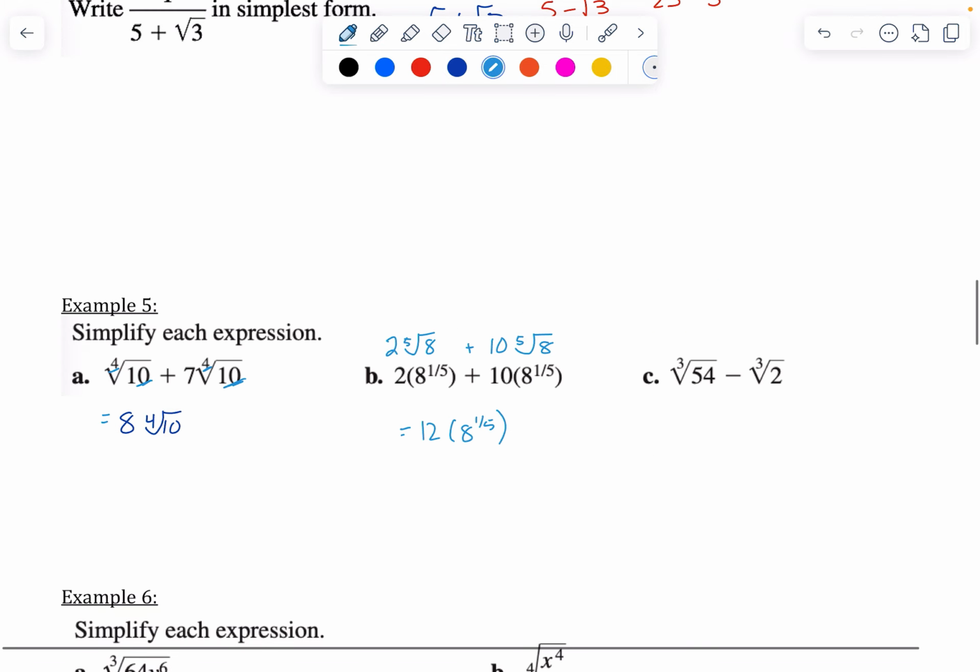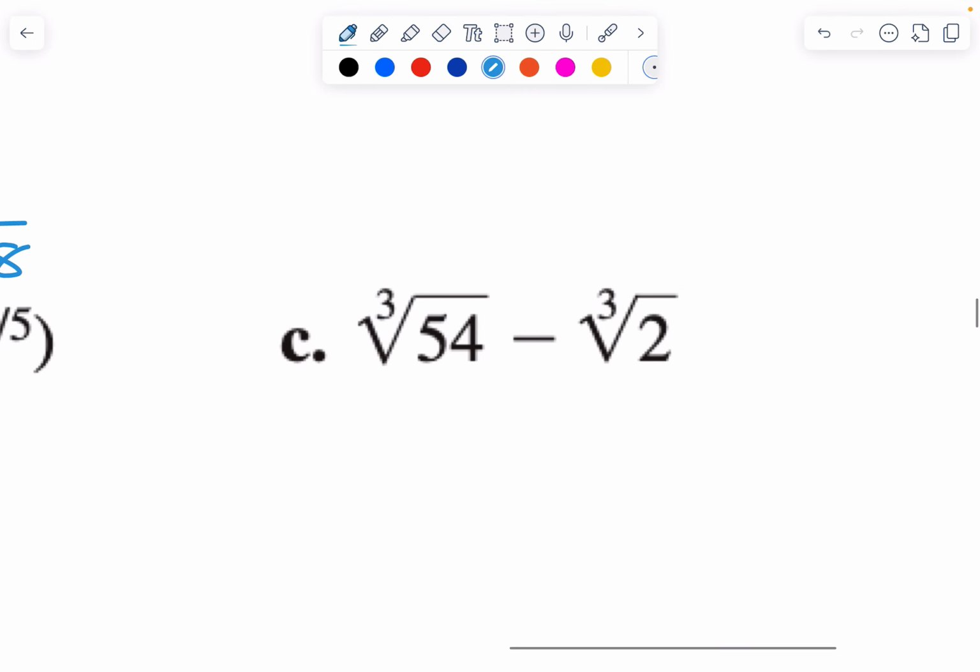All right, C. Remember what I said. In order to combine these, they have to have the same root and the same value under the radical, which in this case, I don't have. So what I would need to do is check to see if this could be simplified further before I walk away from this problem. So are there any perfect cubes contained inside of 54?